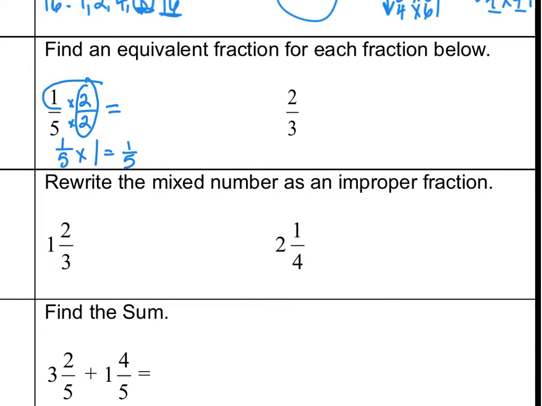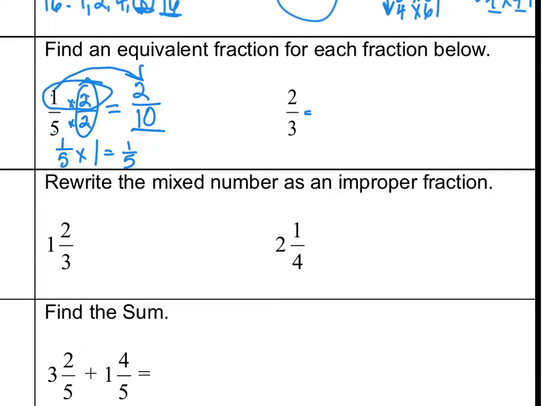So now we're going to go across the top. 1 times 2 is 2. 5 times 2 is 10. So here is a fraction that is equivalent to 1/5. We've got 2/10. And we could keep going and going and going. It just says find an equivalent fraction for each fraction below. Sometimes it'll say find 2 equivalent fractions. But this time we only needed the 1.